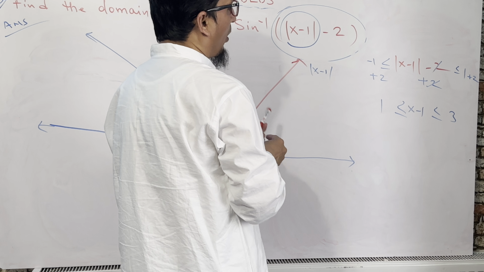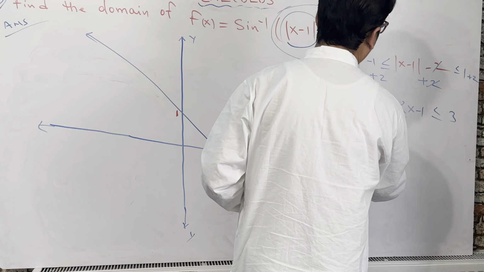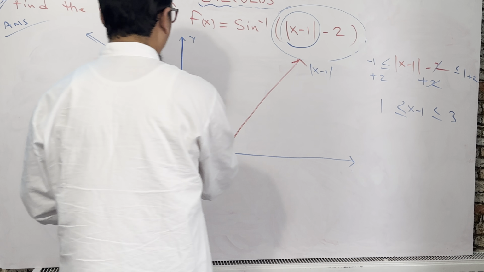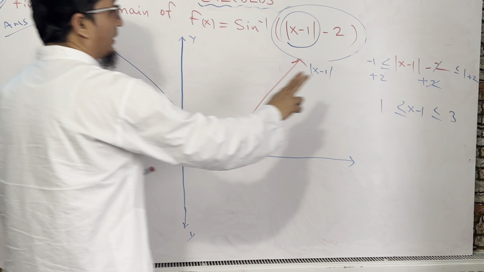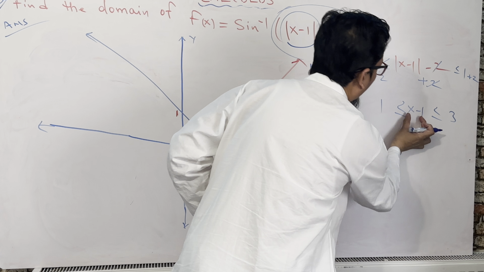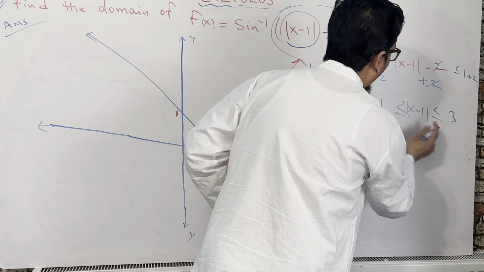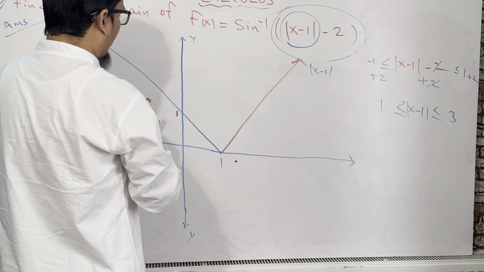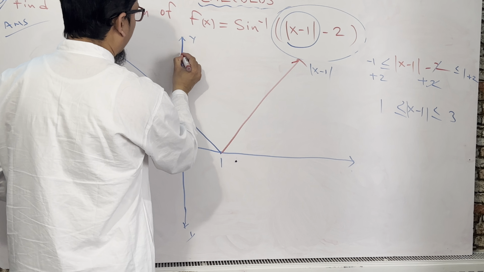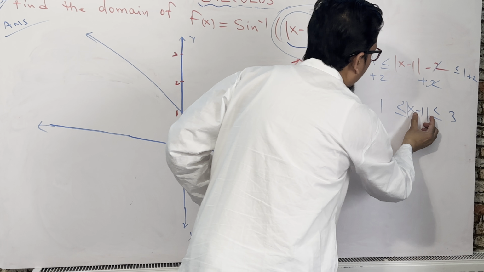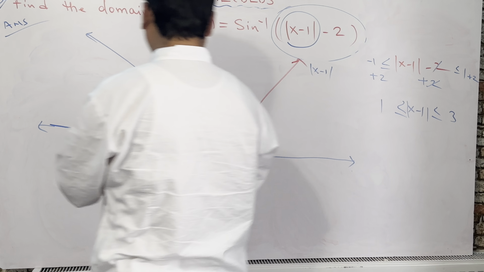It means mod of x minus 1 must be greater than or equal to 1 and less than or equal to 3, right? So this is 1. So the second point is the range is from 1 to 3. I want this value here from 1 to 3. So this is 1, and after 1 you have 2, and then you have 3, right? So the mod of x minus 1 must be from 1 to 3.